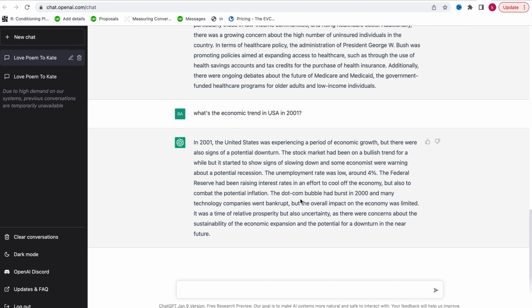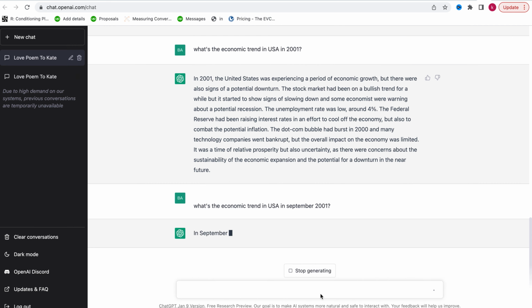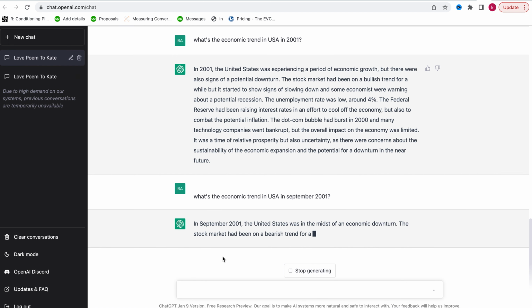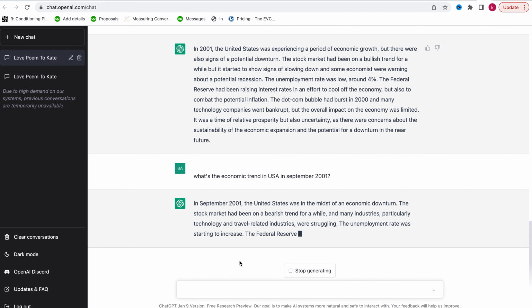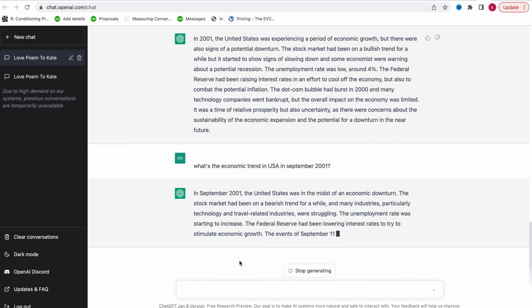Okay, the dot com, and let's say here I want to be more specific. I would say, in September 2001, what has happened. So you can ask about September 2001 and see what has happened. Let's see. The stock market has been on a bearish trend in many industries, and this is the economy, right?